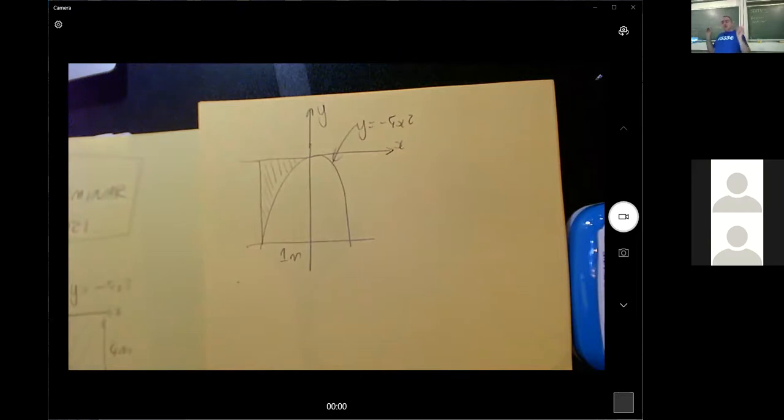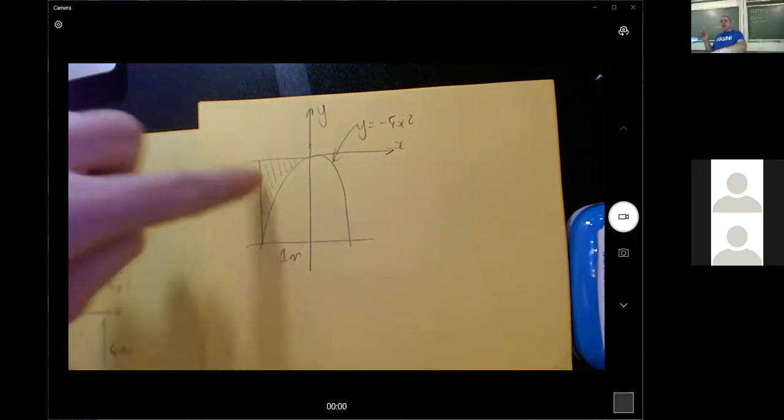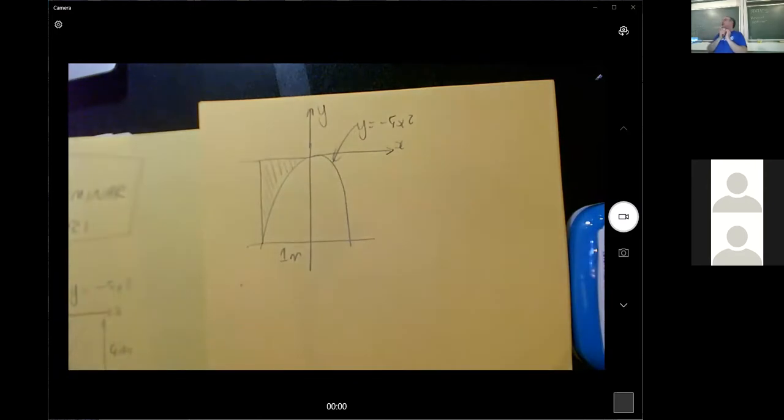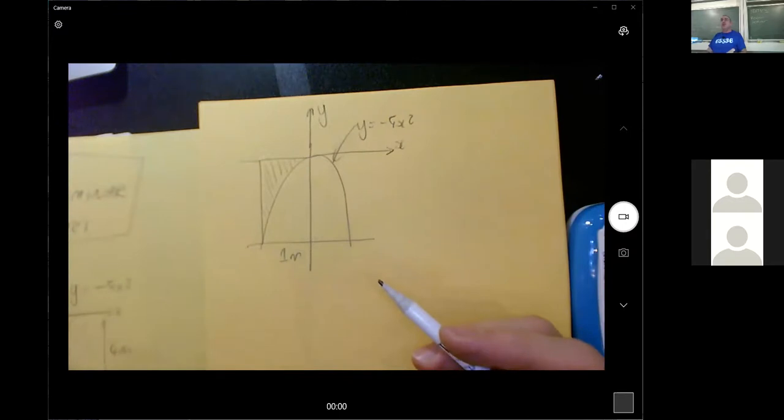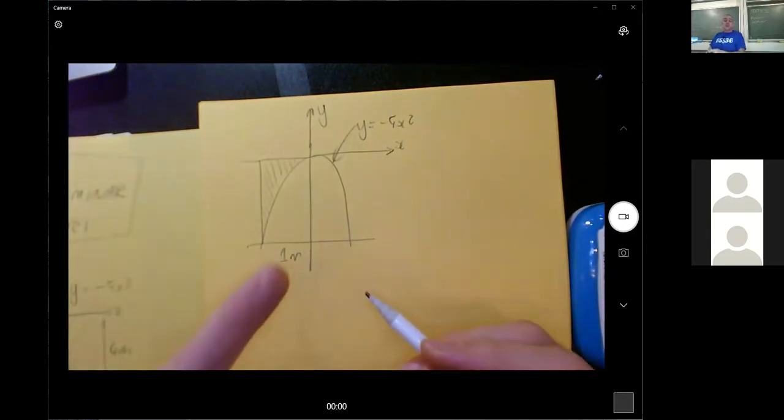So, this water would have a certain amount of volume, and then if I multiply that volume by the density, it ought to give me a mass. And then if I multiply the mass by the gravity, it should give me a force. That's my plan. And to figure out an area, when I've got a formula for things, I would need to do an integral. Unless I had a formula for the area of a parabola, which I don't think we have, though it does exist, I'm going to have to do just the integral.